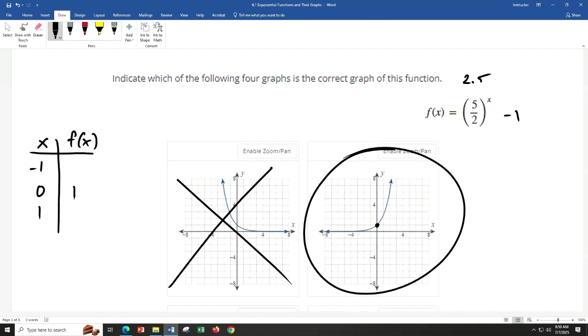When you do this, you end up getting 2 over 5 and also 5 over 2. And there you have it. You could go in there and graph those. It'd be tough, but there you go. You have some test points to play with. With just those 3, you can go, oh, there it is, I found it. That's what you're going to have to do probably on your final.